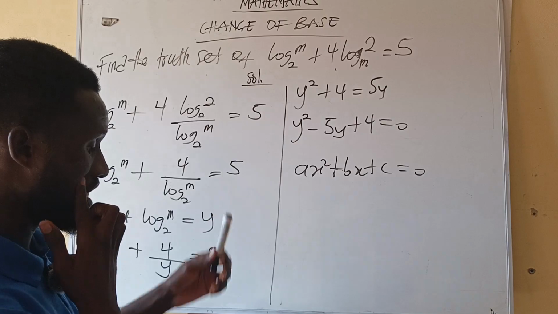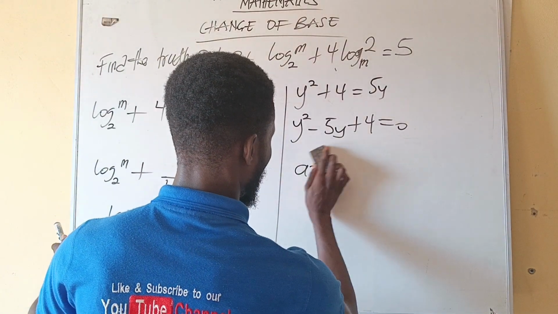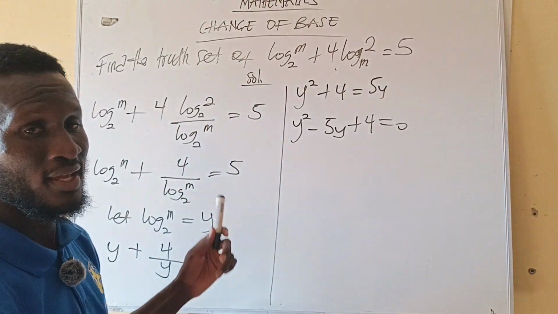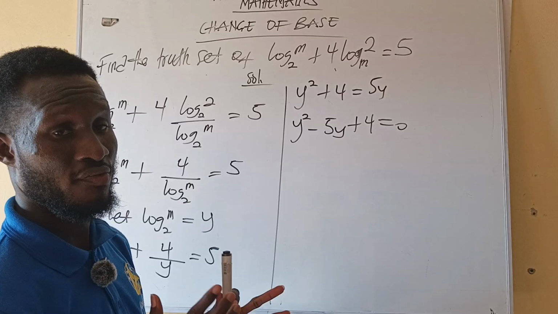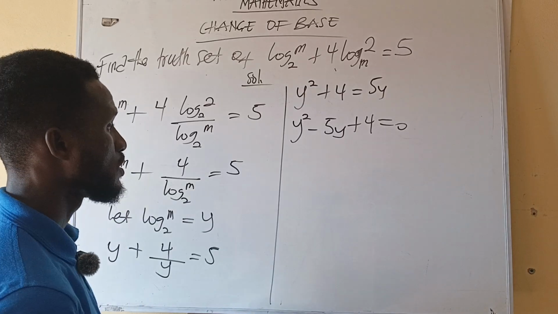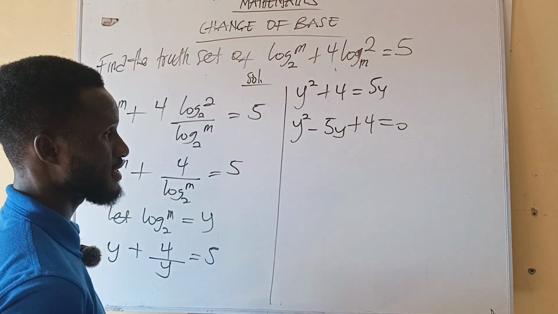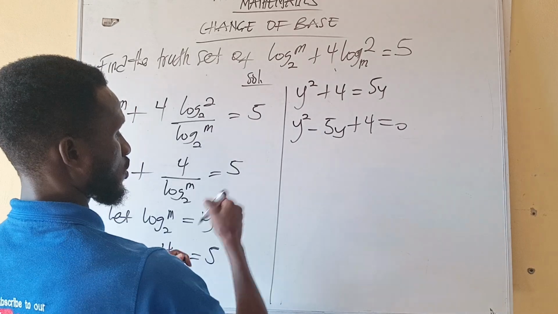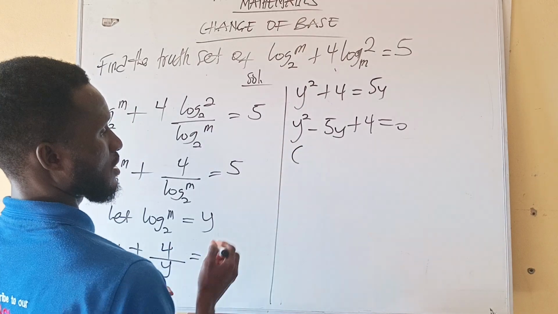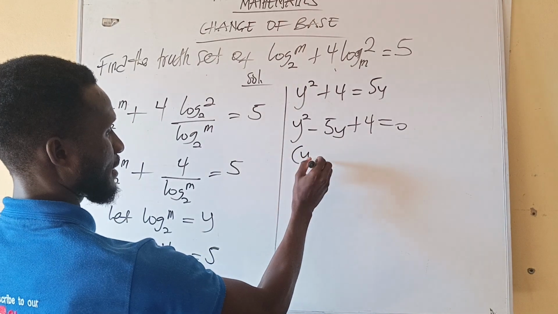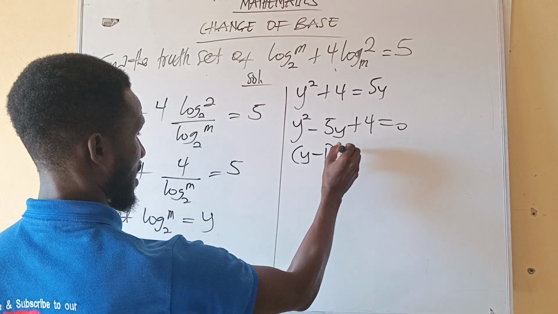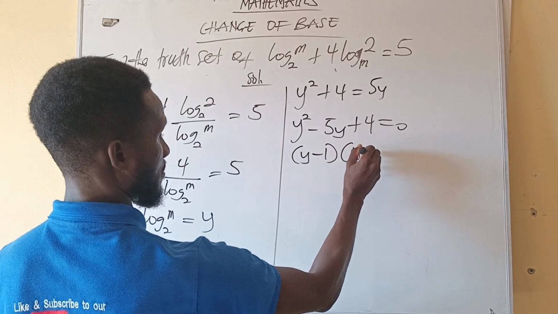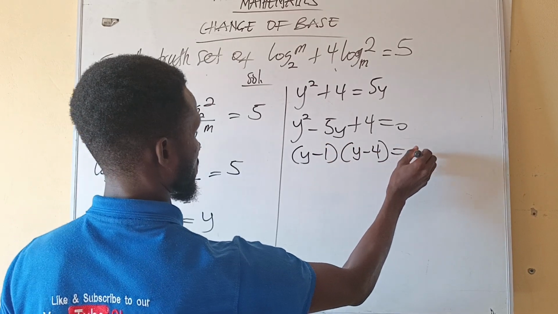What you have to do is to solve for y. This is a quadratic equation. I'm not going to waste much time on it, so I'm going to factorize it simply. We get y minus 1 and y minus 4 equal to 0.